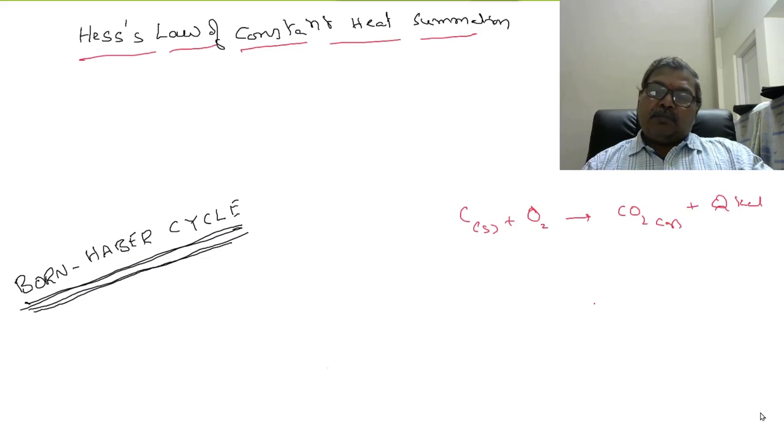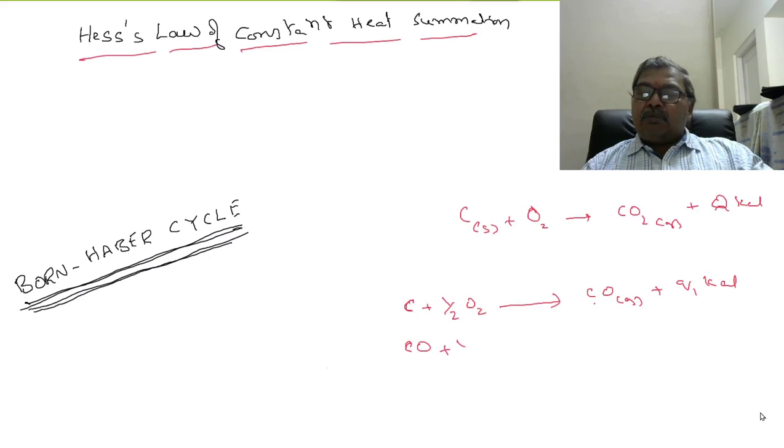Now, if the same reaction is carried out in more than one step, like this: incomplete combustion of carbon gives carbon monoxide, Q1 kilocalories. Next, carbon monoxide is highly reactive and again it undergoes oxidation to give CO2. Let us suppose Q2 kilocalories.